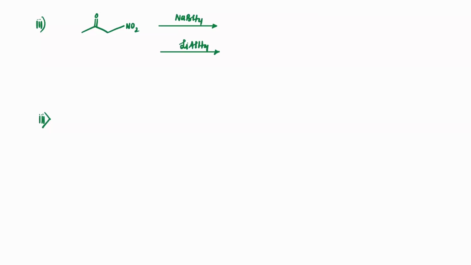Check out what if you have this: an aromatic ring, with a methyl and C double bond O here, COOEt here, and COCl here. In that, you react with lithium aluminum hydride, and on the other hand sodium borohydride.